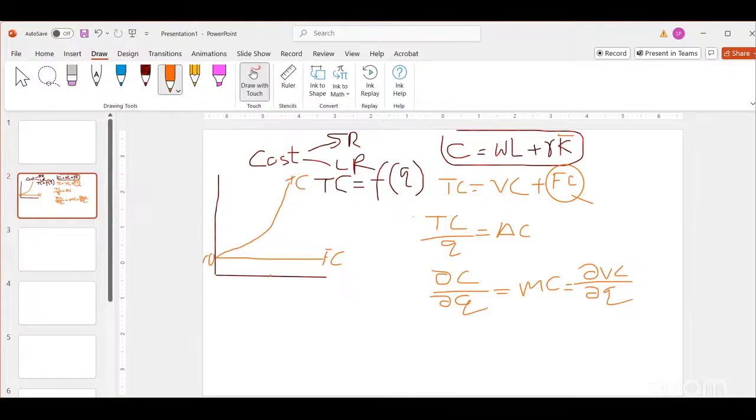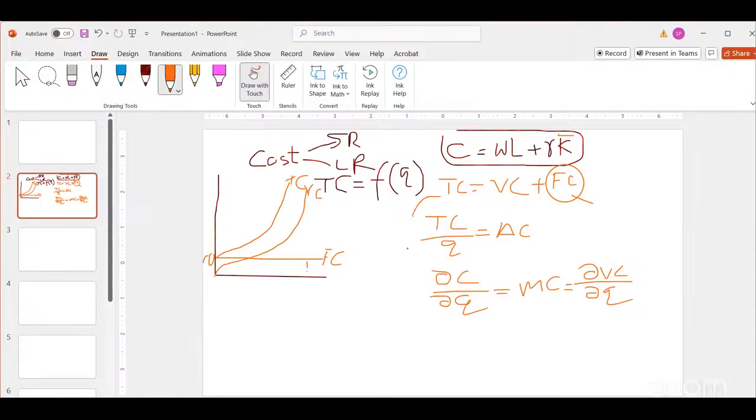The variable cost starts at 0, with the same shape, and goes like that. The difference between these two lines is again equal to the fixed cost. So that is the behavior.